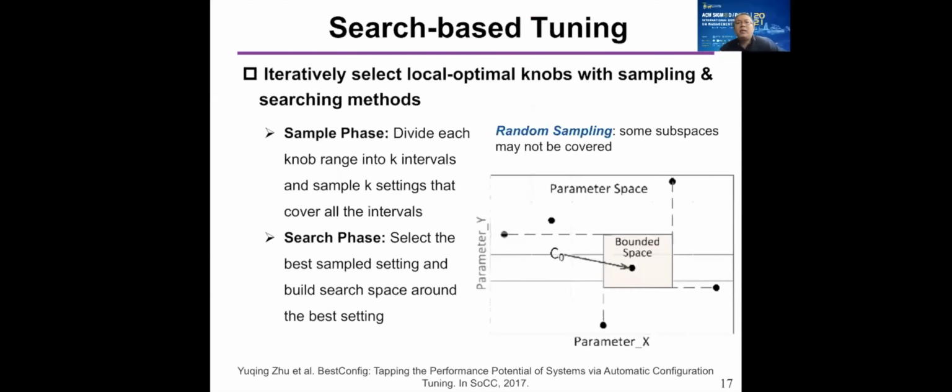The first method is the search-based tuning method. This is a heuristic-based method. First, they want to get some training samples. They divide the knob range into intervals and sample some settings for each interval, and then given a new workload, they find a similar workload from this training data and recommend the knobs based on it.